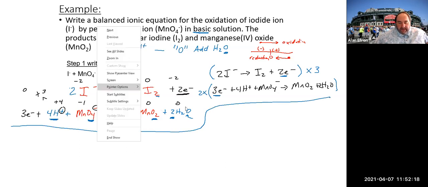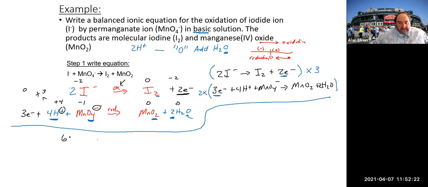doing our first one there, multiplying that 3 to everybody gives us 6 I minuses, goes to 3 I2 plus 6 electrons. Multiplying the 2 to everybody that's there gives me 6 electrons plus, looks like 8 H pluses plus 2 MnO4 minuses.